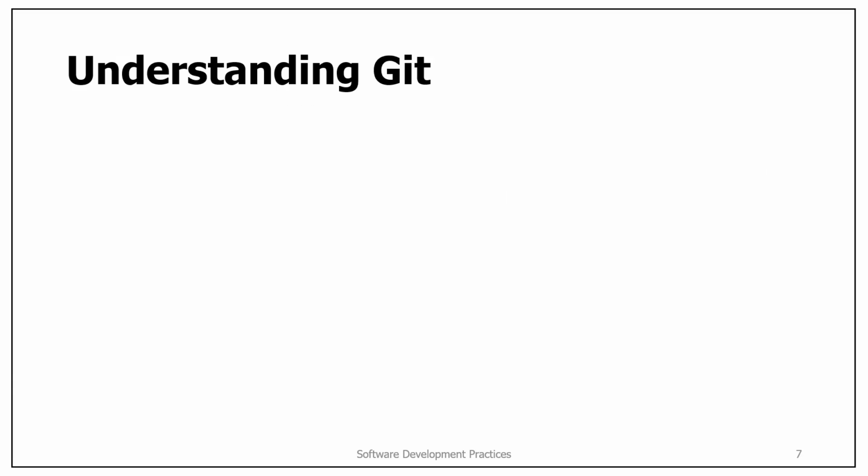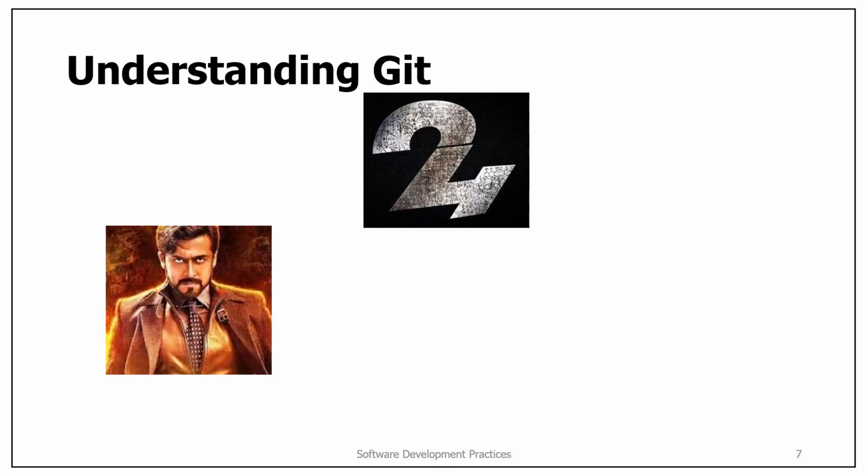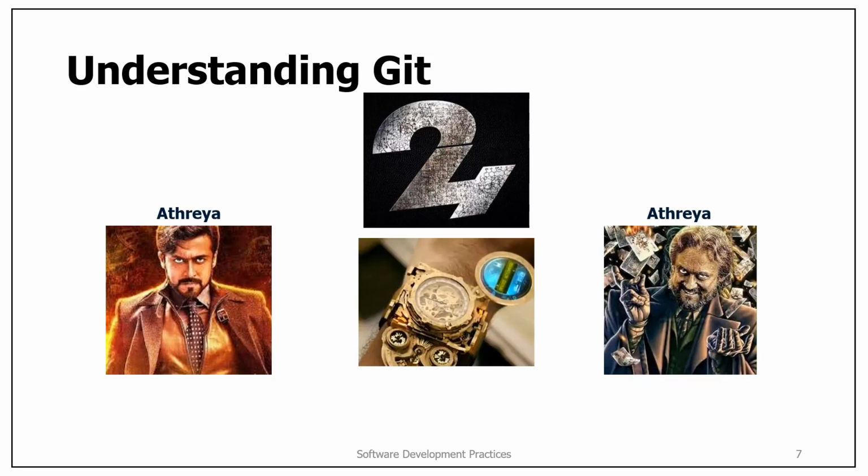In order to understand the working principle of Git, we can take a good example: the movie named 24. In the movie, we have a character, Atreya, who due to an accident goes into a coma. After recovering from the coma, he attempts to go back to the date and time at which he went into the coma.